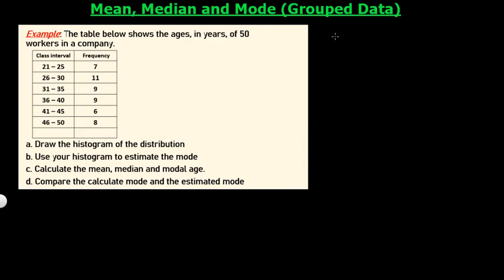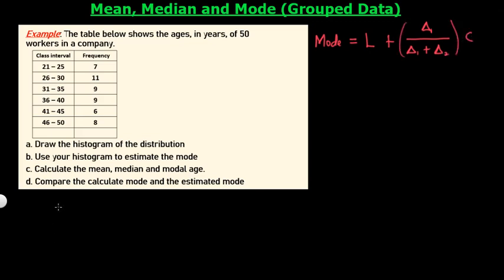So to do the mode, recall we have established that the mode equals the lower boundary of the modal class plus change in frequency before the modal class and the frequency of the modal class, delta 1 over delta 1 plus delta 2, all multiplied by the class size.